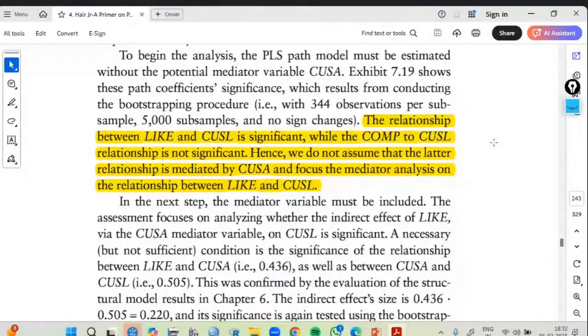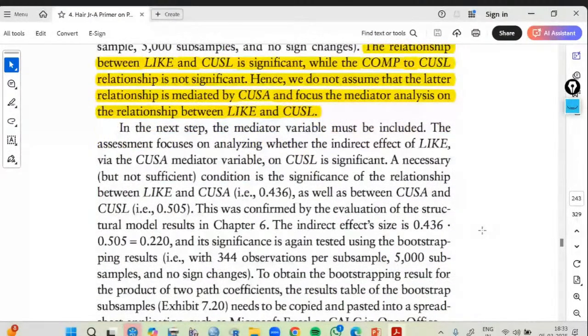Hence we do not assume that the latter relationship is mediated by CUSA and focus the mediation analysis on the relationship between likability and customer loyalty. This is the Baron and Kenny approach, but Zhao et al. strongly criticize that we should not exclude this relationship, the competence relationship.